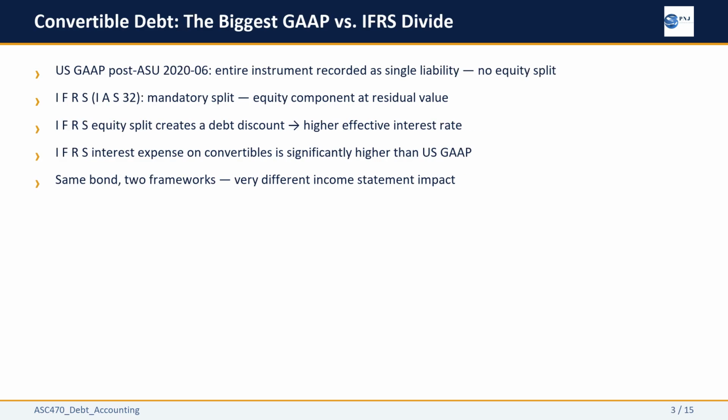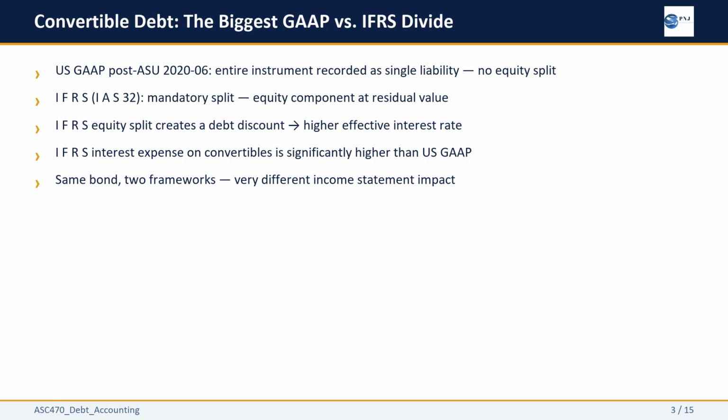Here is the single biggest difference between US GAAP and IFRS for debt accounting, and it affects the income statement every single year. Under US GAAP, after Accounting Standards Update 2020-06, a convertible bond is recorded as one liability at its full face value. Simple.